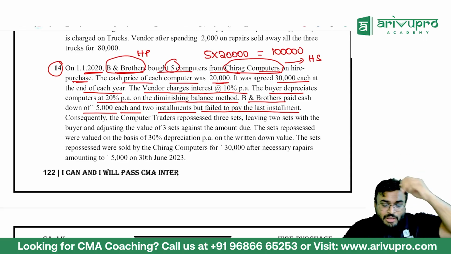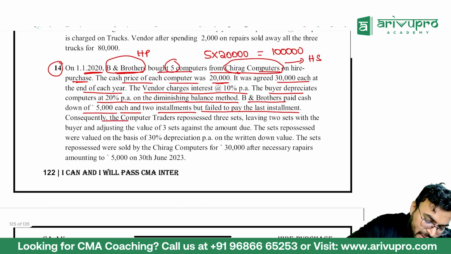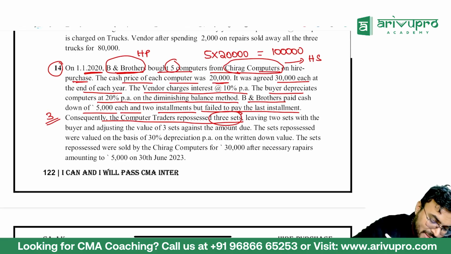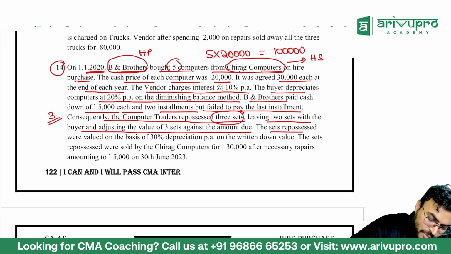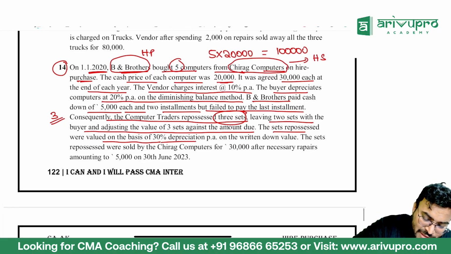So now we have to take the asset back. Consequently, the computer trader repossessed 3 sets, leaving 2 sets with the buyer and adjusting the value of 3 sets against the amount due. The sets repossessed were valued at 30% depreciation.